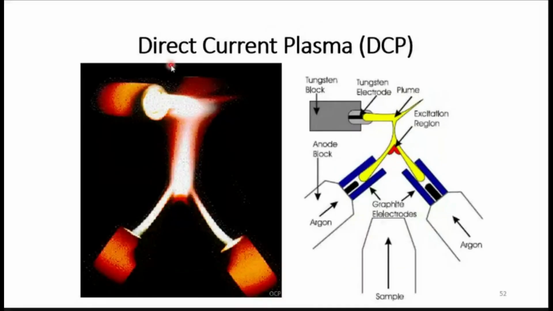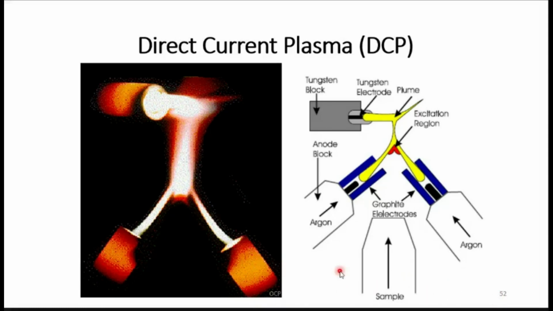Coming to the next plasma source, direct current plasma. Now, for direct current plasma, there is an actual photo of it on your left hand side. This is the actual photograph, and on your right hand side is the block diagram of it. Now, there is one shadow, if you can see over here. Let me zoom into it.